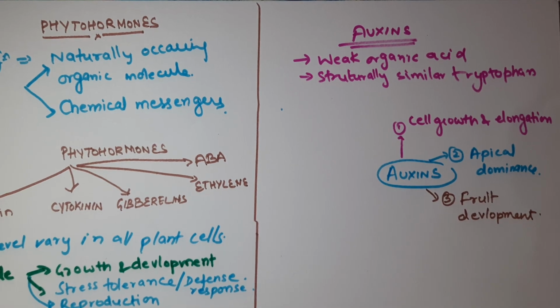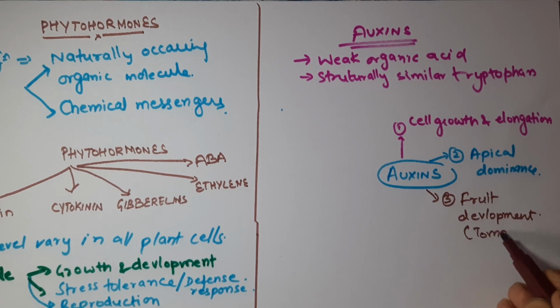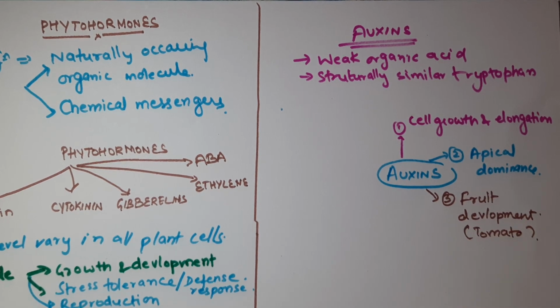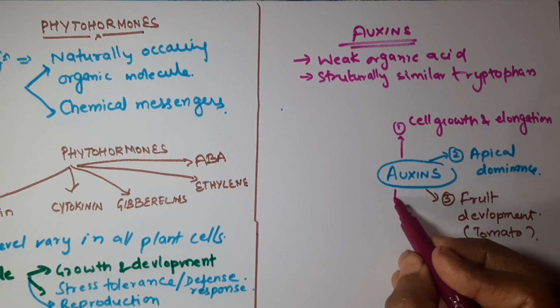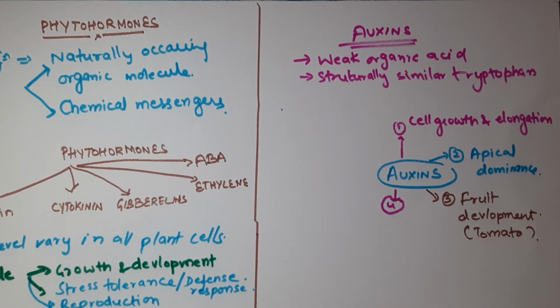For example, in tomato, if there is a high concentration of auxin, then the fruit formation will occur without fertilization. The fourth function of the auxin is that it prevents the premature dropping of leaf, fruits and flowers.